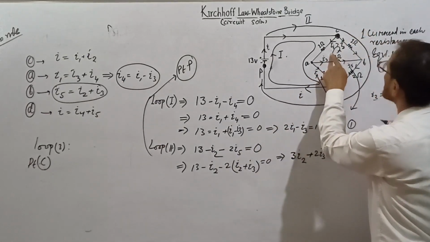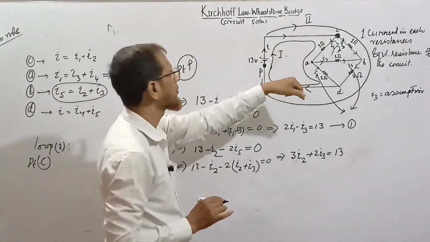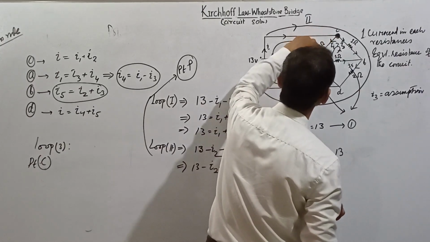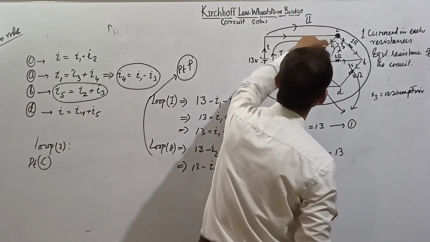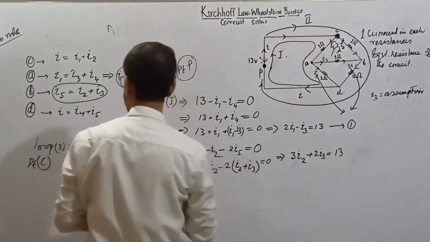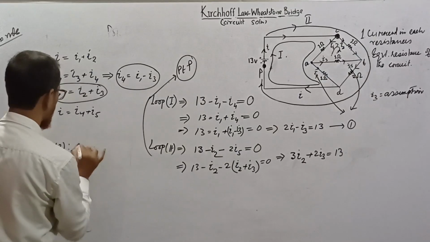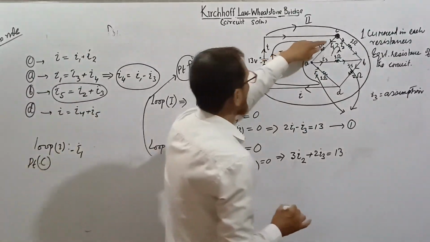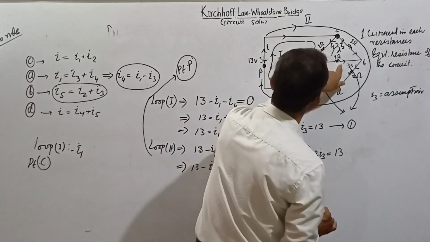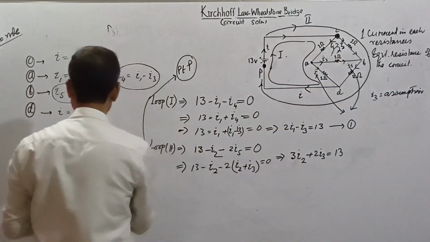In loop 3, if you again use Kirchhoff's law, the current is entering in this direction, so this is minus I1, and again entering in this direction, minus I3, I into R equal to minus I3.